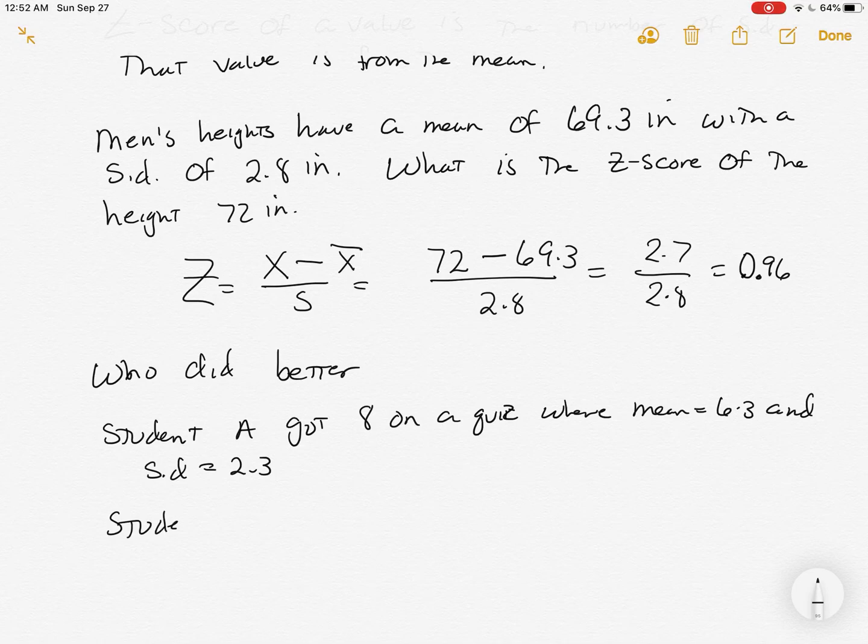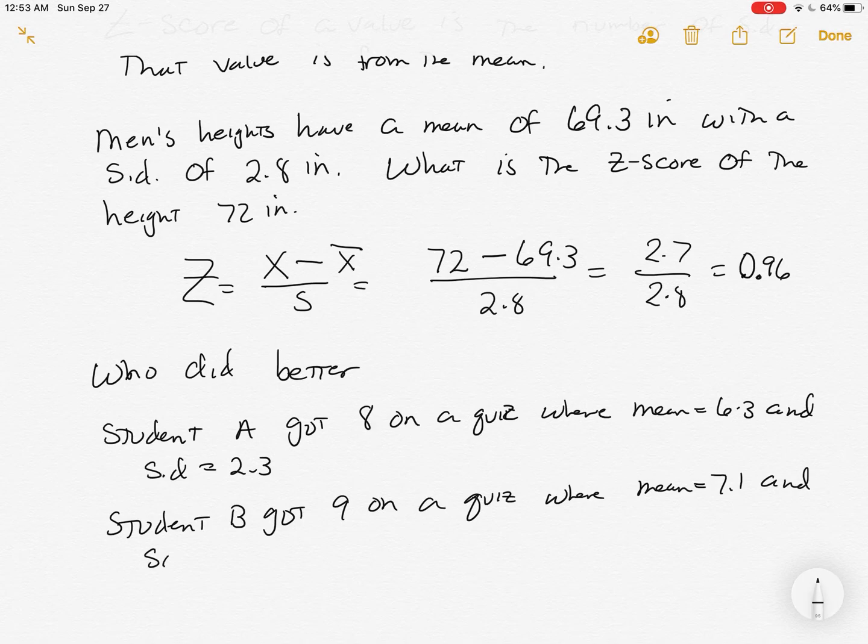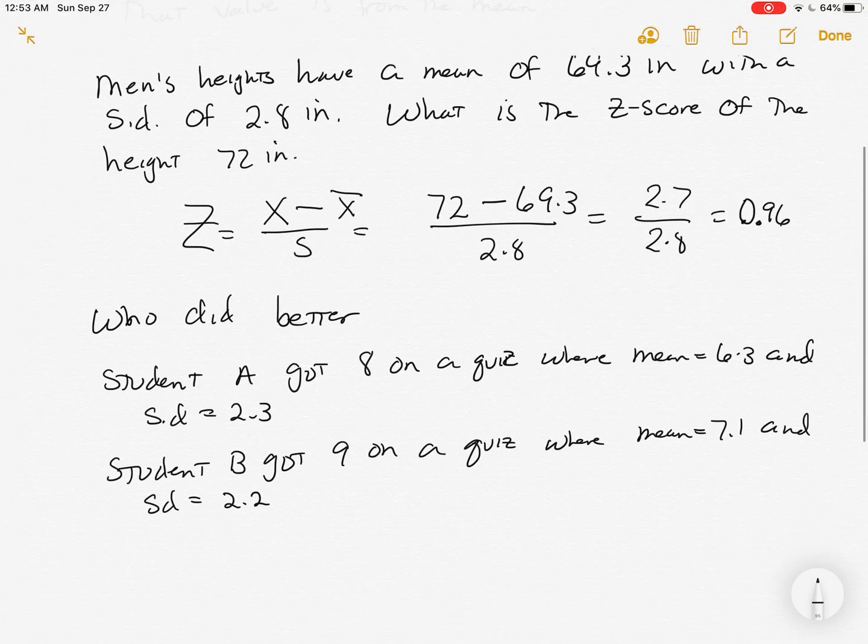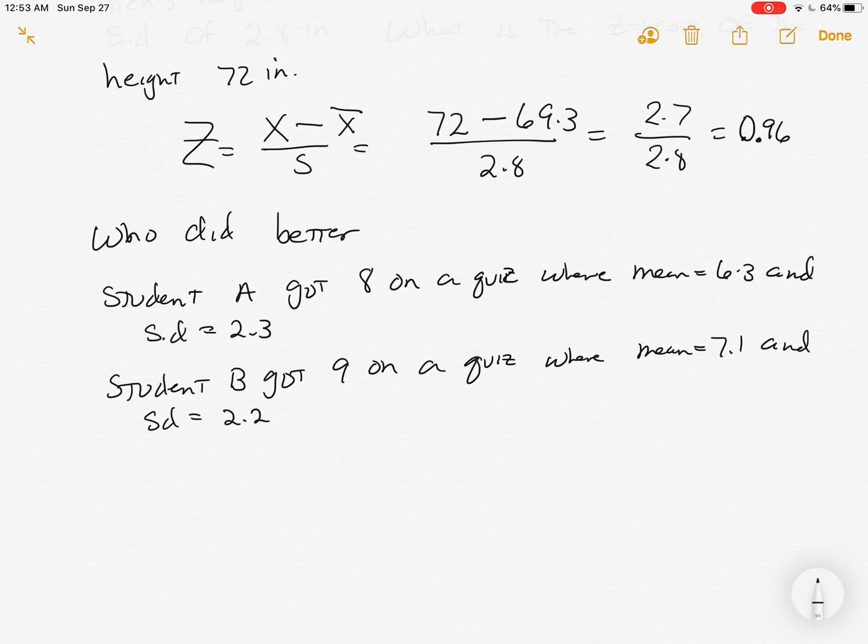Student B got 9 on a quiz where the mean was equal to 7.1 and the standard deviation was equal to 2.2. And so we want to know who did better.